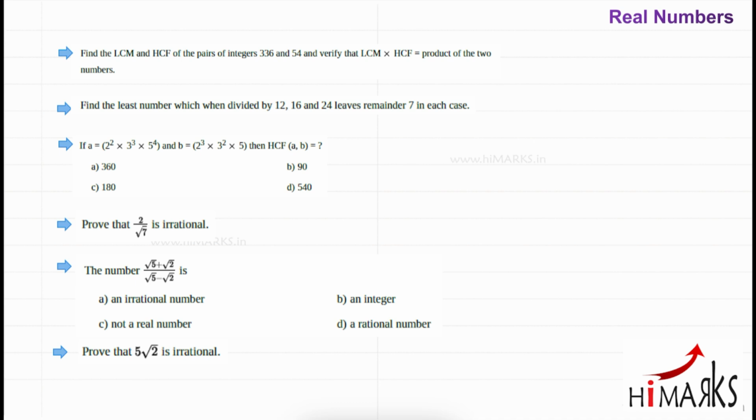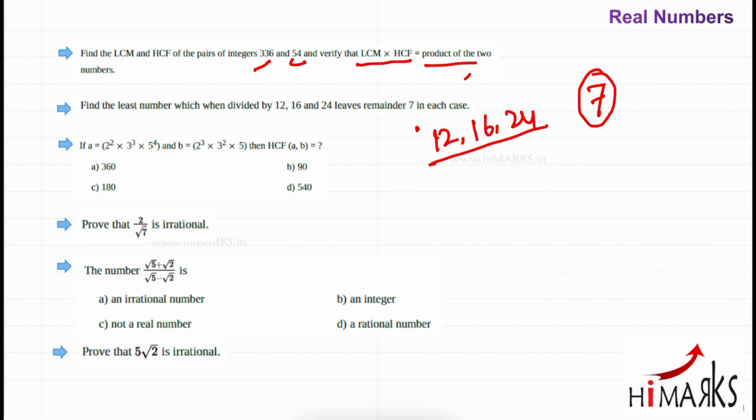Here again, the numbers given are 336 and 54. Between these you find LCM, find HCF, multiply that LCM and HCF, and then multiply 336 into 54 on the other side. Both sides should be the same. The next one is an example where a number is divided by 12, 16 and 24, and 7 will be the remainder in every case.